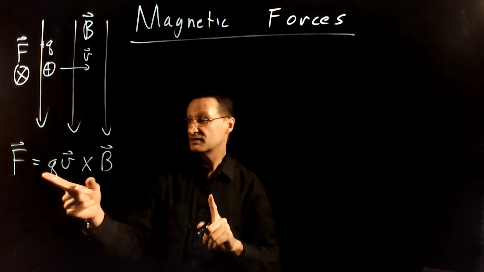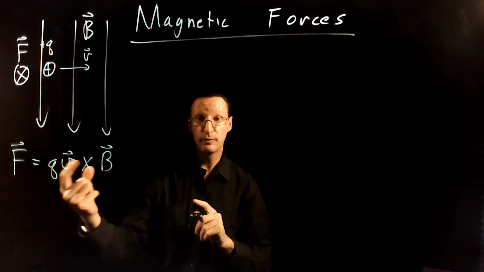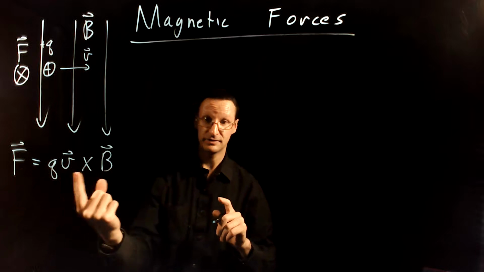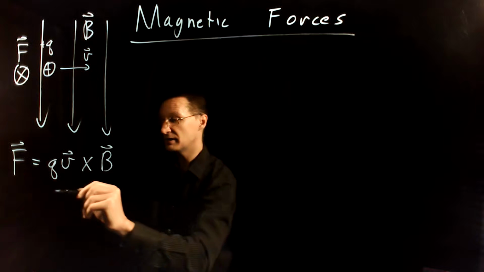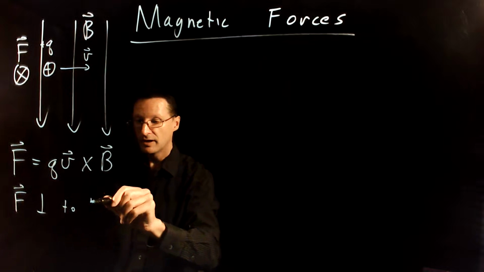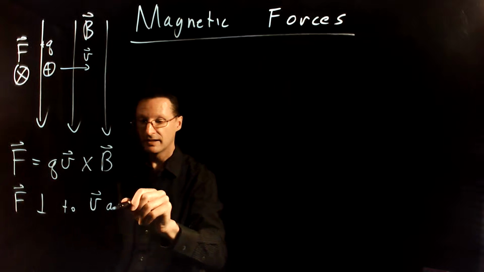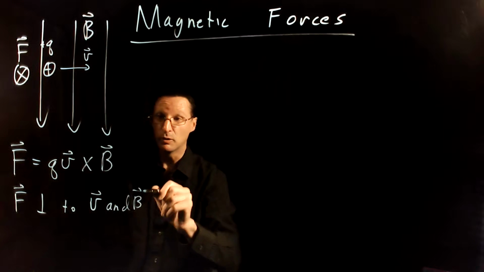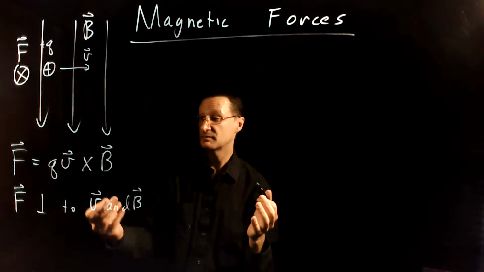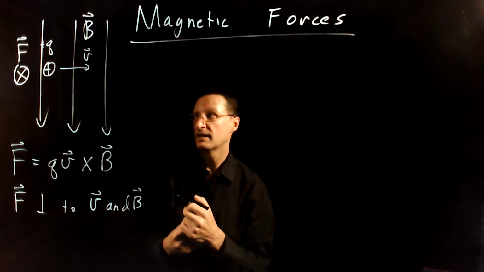That in turn gives us a resultant, that's the force, that is perpendicular to both original vectors. So the force here is going to be perpendicular to both V and B. All right, so that's why you have to use the right-hand rule. It's because it's a cross product.